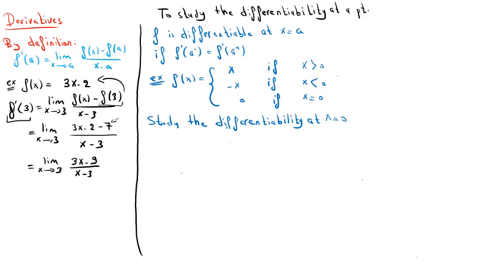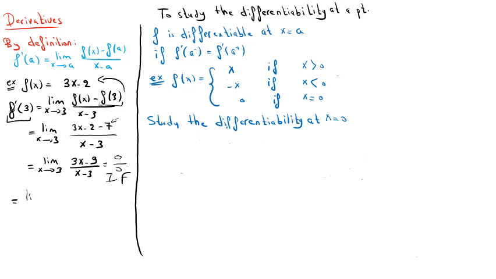Now we have 3x minus 9 over x minus 3. If we substitute here, we will get 9 minus 9 over 3 minus 3, so it is 0 over 0, an indeterminate form. When we get 0 over 0, we should factorize in order to get rid of the indeterminate form.